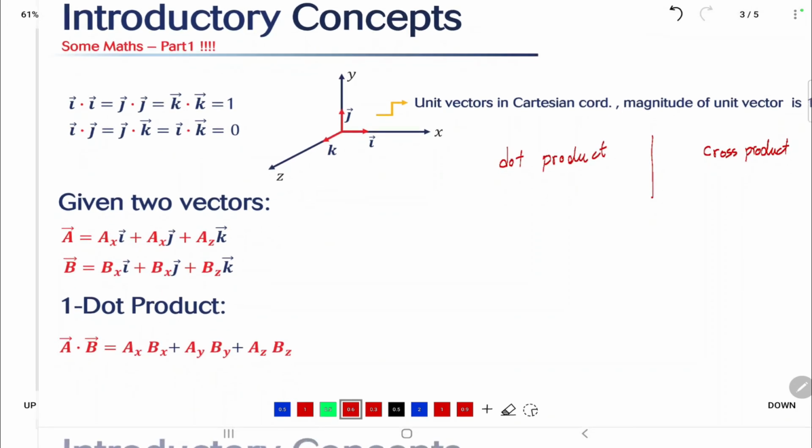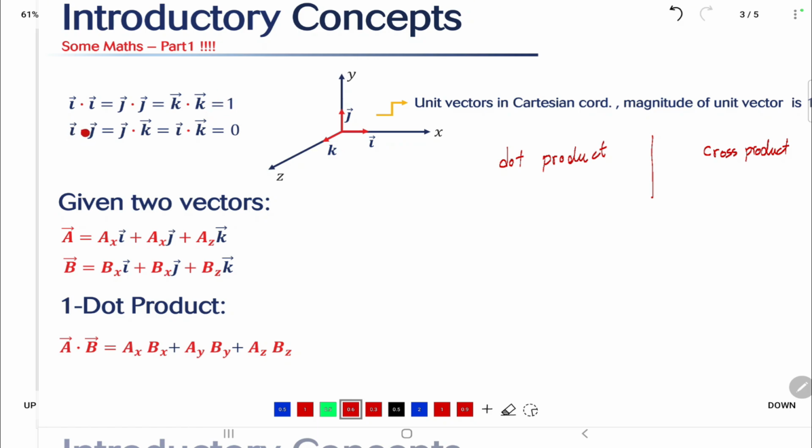So given two vectors, A, now, you see, these are the unit vectors. You must know these operations, the dot product. So any I dot I, J dot J, K dot K, the result is 1.